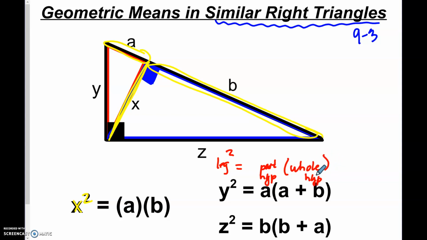Okay, and if you look at the other one for the blue one, we also have leg squared, because z squared is the leg, so it's still leg squared, and it's part of the hypotenuse. This b is part of the hypotenuse, and then the b plus a is the whole hypotenuse.